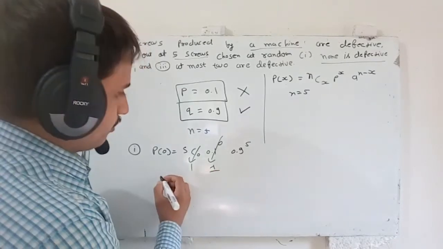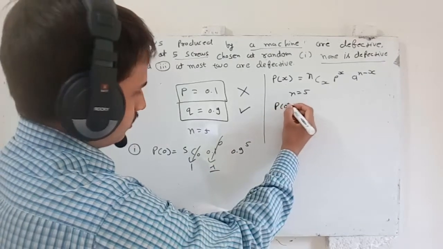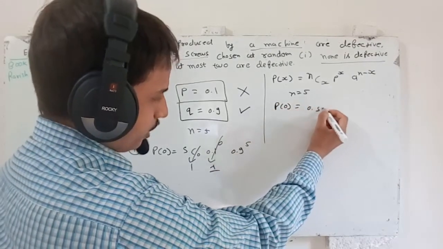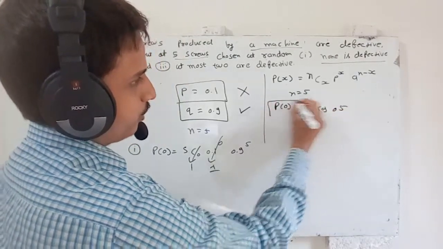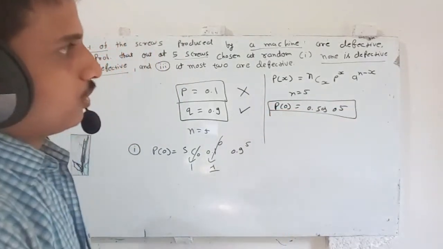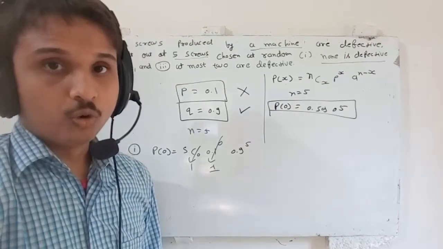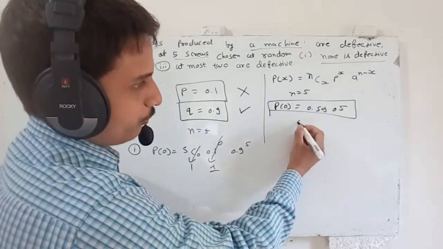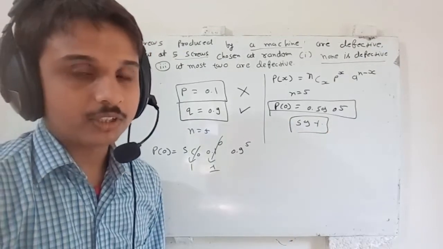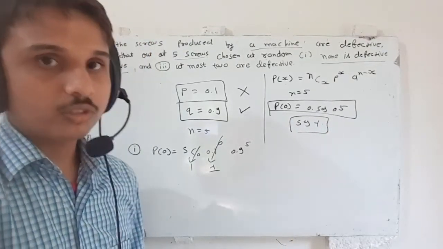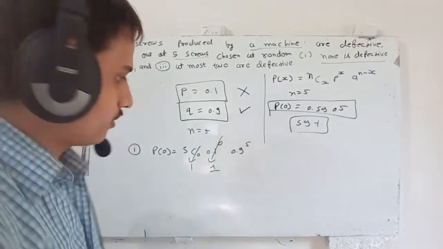So P0 is 0.5905. So out of 5 screws, no screw is defective has a probability of approximately 59%. So there is a 59% chance that out of 5 screws, all screws are okay.